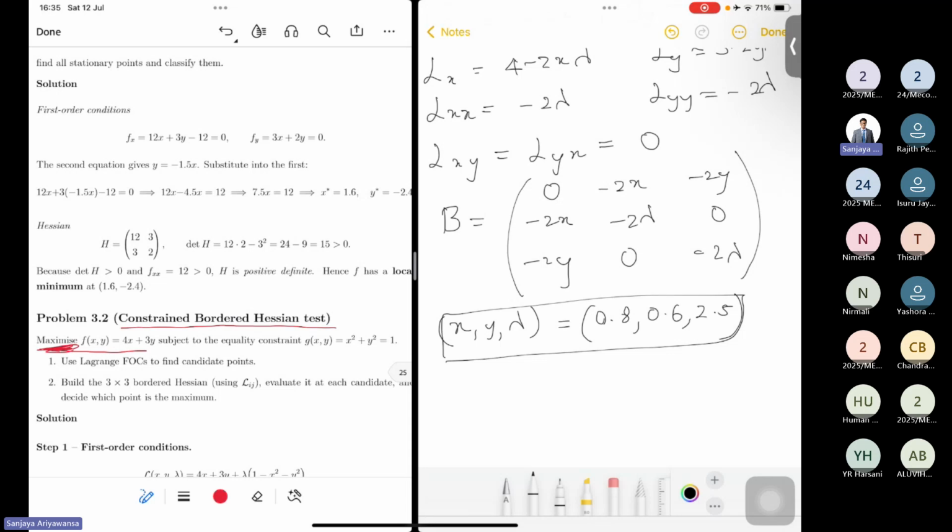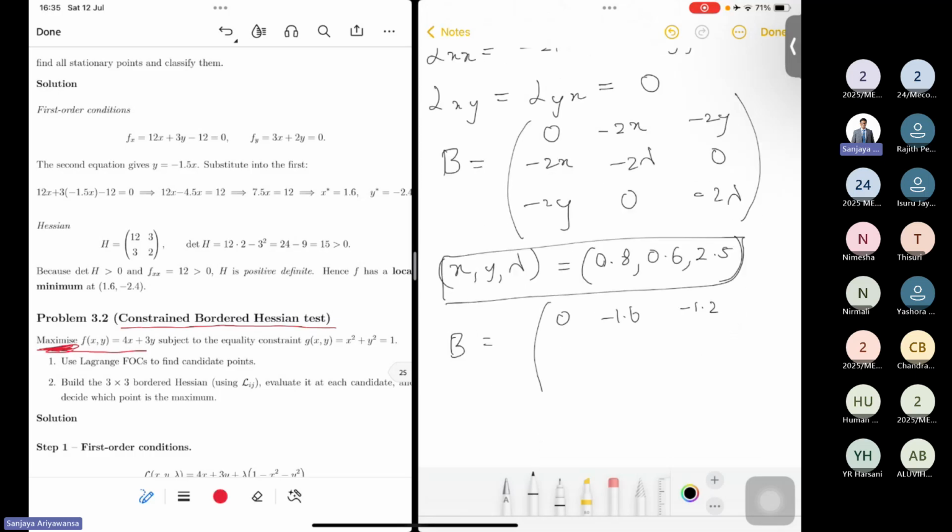So for my first candidate, what is my bordered Hessian going to be like? 0, minus 1.6, minus 1.2; minus 1.6, minus 5, 0; minus 1.2, 0, minus 5.